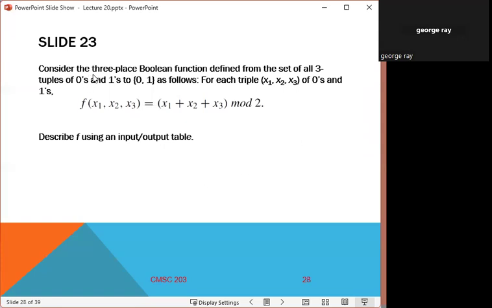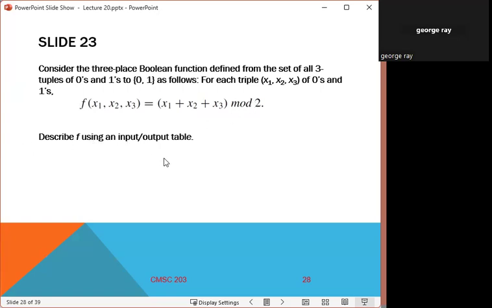So we're going to stay with a simple 3-place Boolean function, and we want to define all the combinations of zeros and ones, the 3 tuples, for variables x1, x2, and x3. And then the Boolean function is x1 plus x2 plus x3 modulo 2.